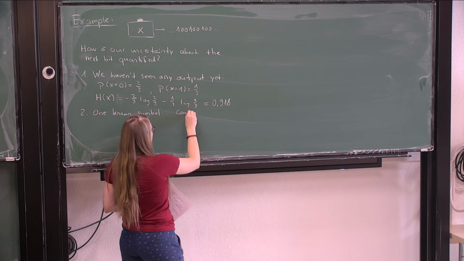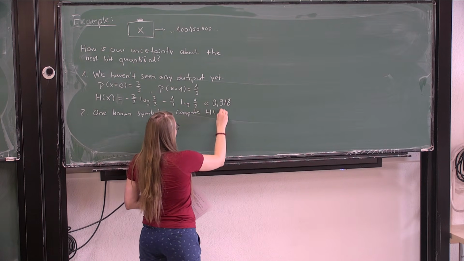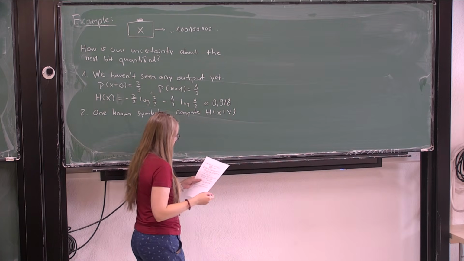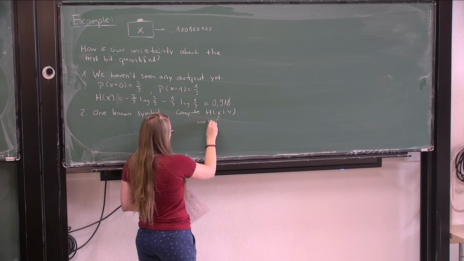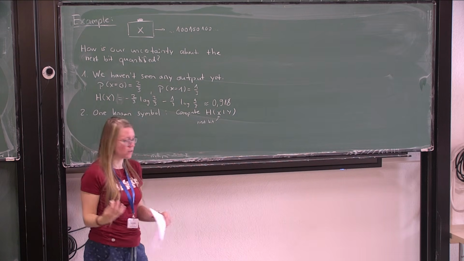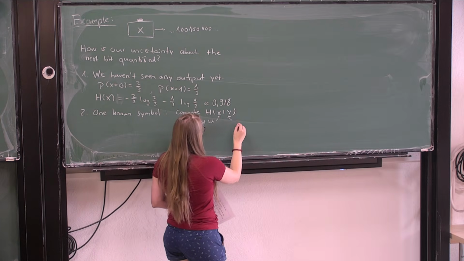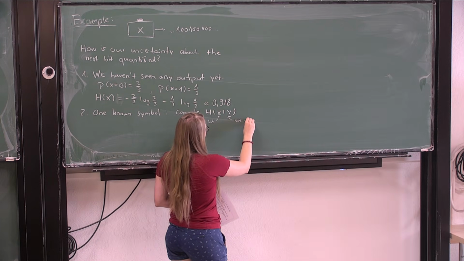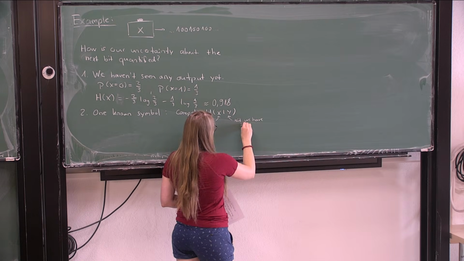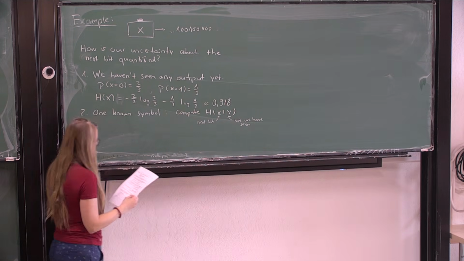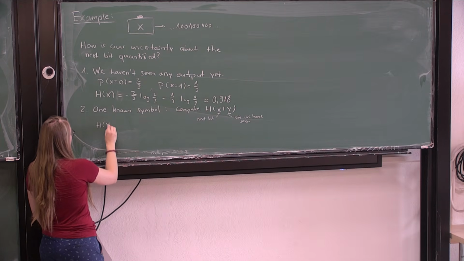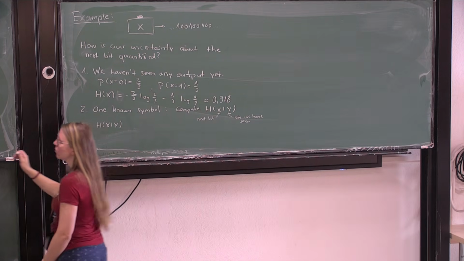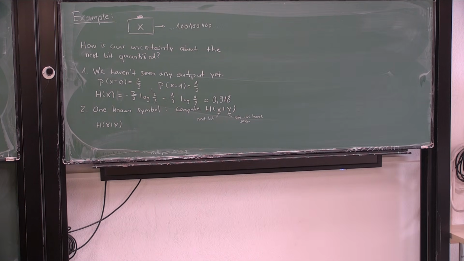It means now we have to compute H of X given Y. So X is the next bit that we want to describe, how much information we get with the second bit, and Y describes the bit we have seen. Okay. To compute this, we have seen the formula. This one.